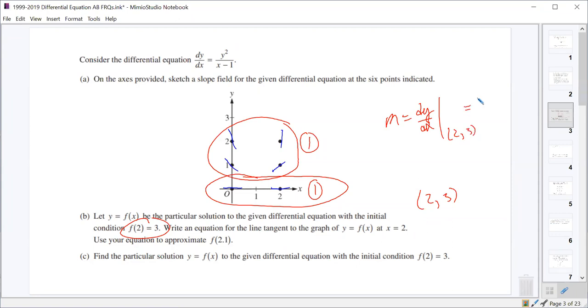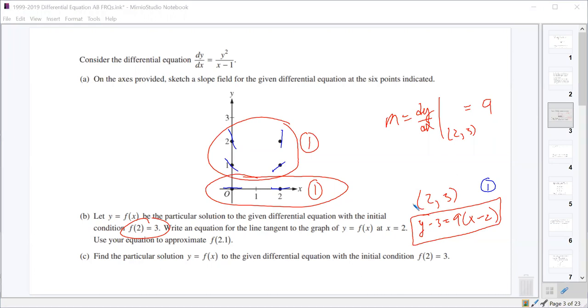And that looks like it is 9, right? 3 squared over 2 minus 1. So we would then write y minus 3 equals 9 times x minus 2 using point slope form. And that's worth 1 point for this tangent line.